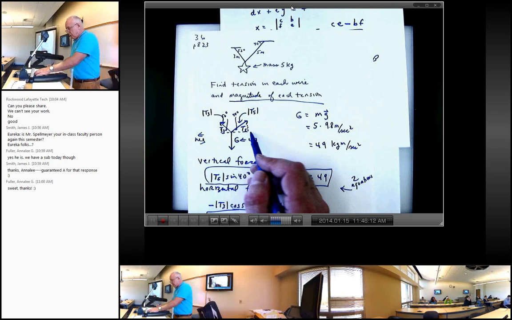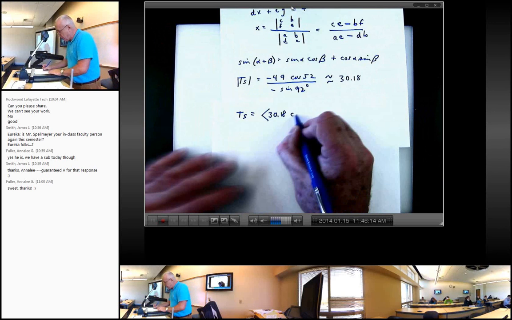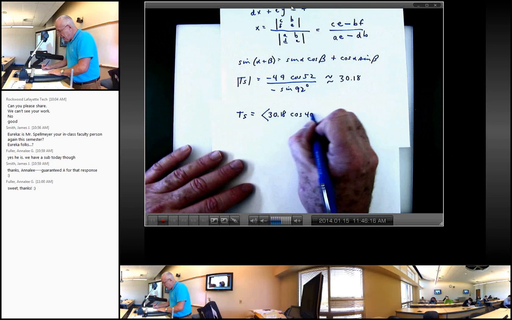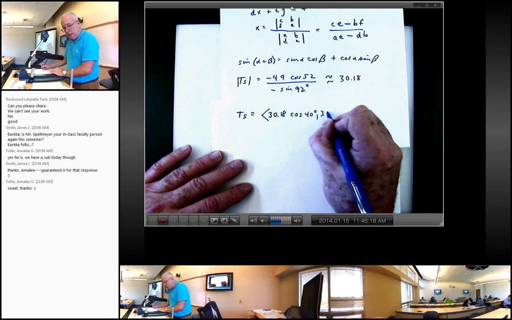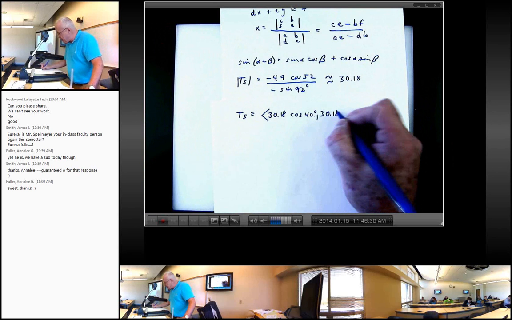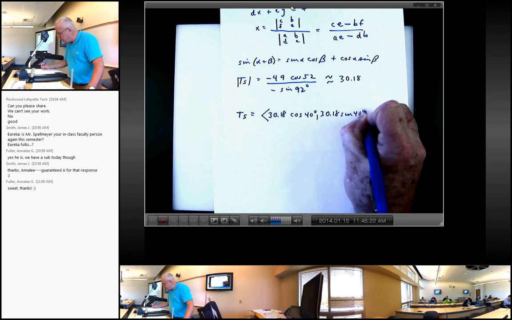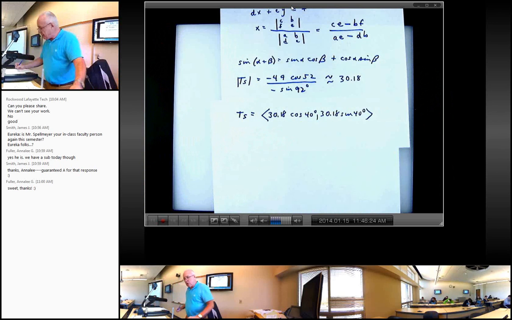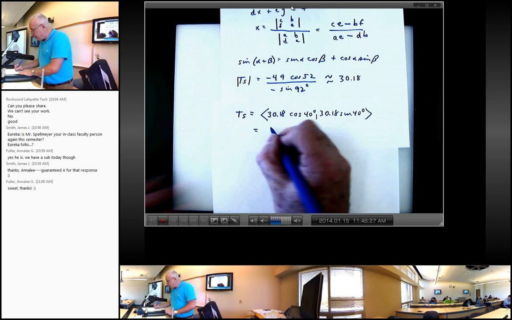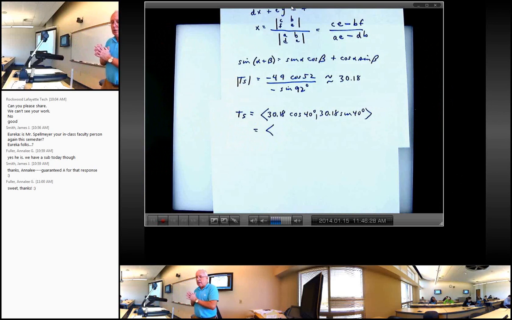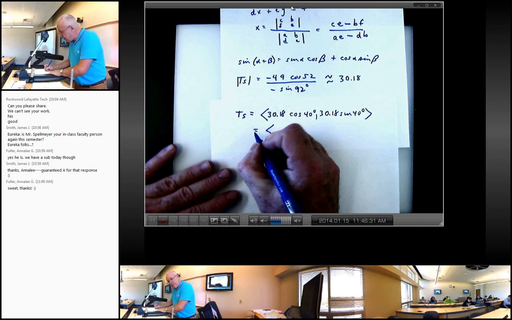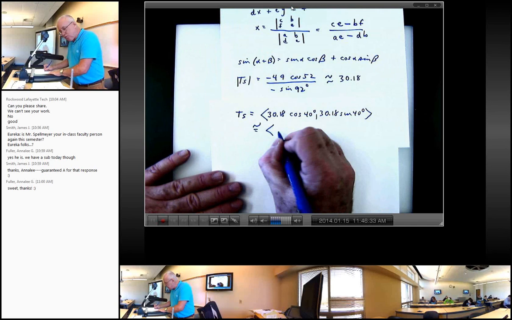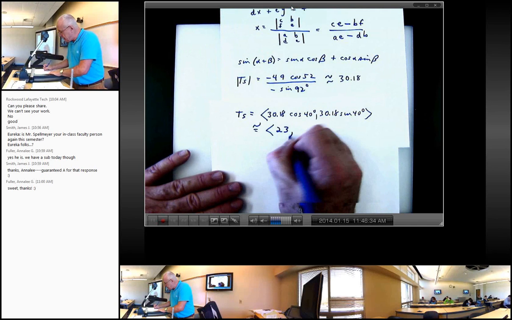That's the horizontal component. And then the same magnitude times the sine of 40 degrees. And so what I'll get then with my two components, horizontal and vertical, of T5, approximately 23 and 19.4.